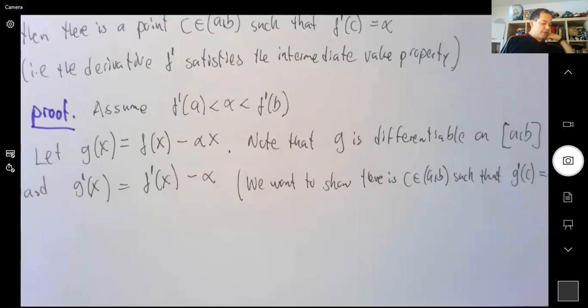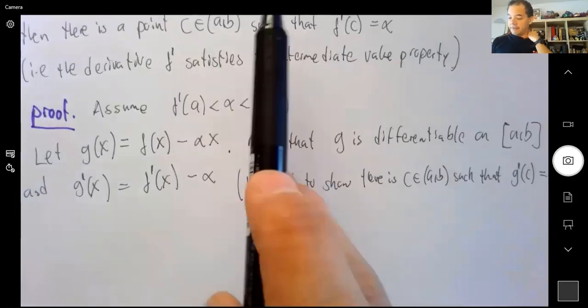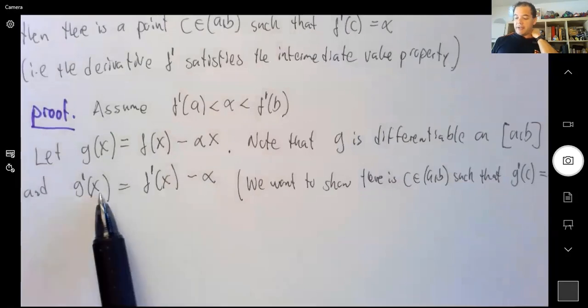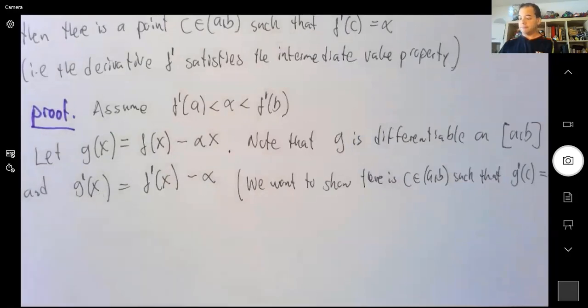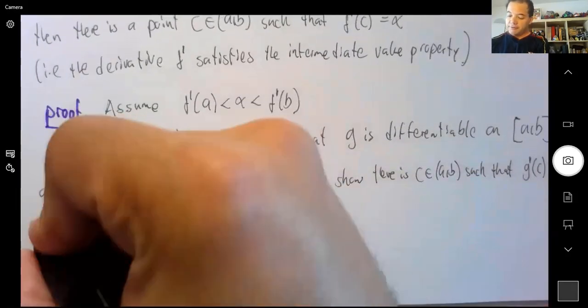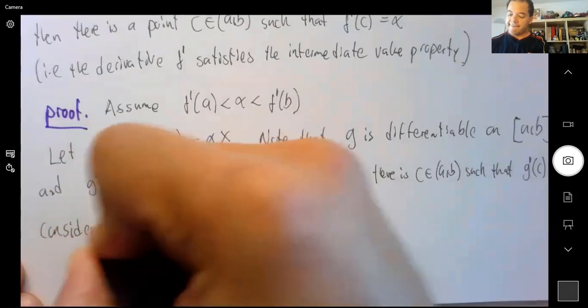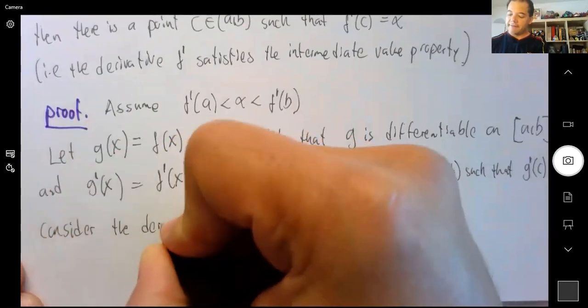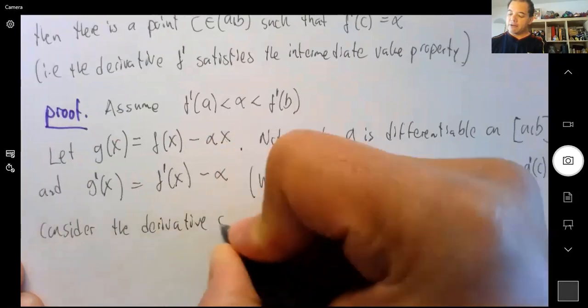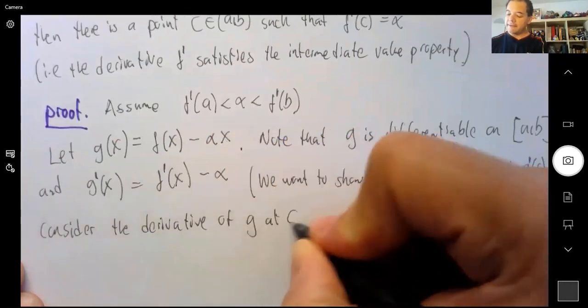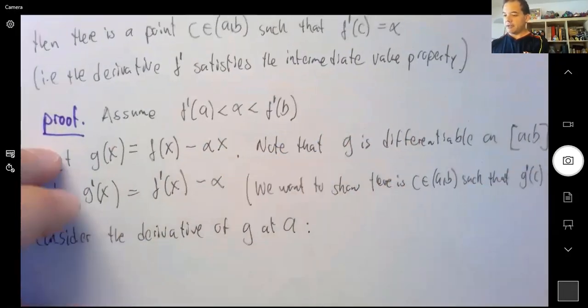All right, and now here is the way we're going to do it. We're gonna take a look at the derivative at A, right? So let's look at g prime at the point A. So consider the derivative of g at A. Okay, time to start a new paper here.